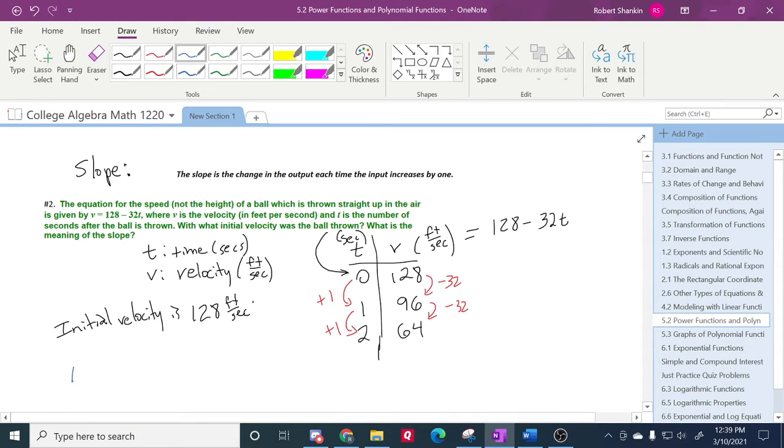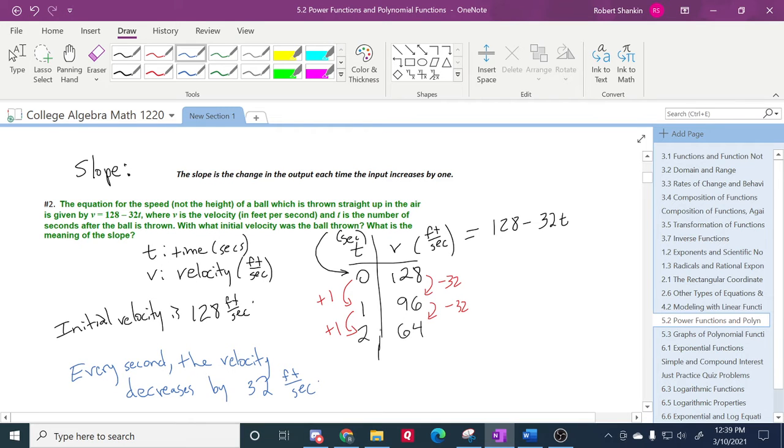Every second, so every time t goes up by 1, a second passes. Every second, the velocity decreases by 32 feet per second.